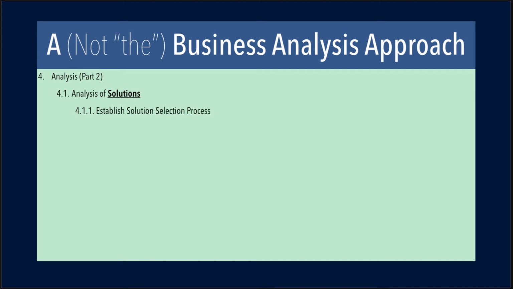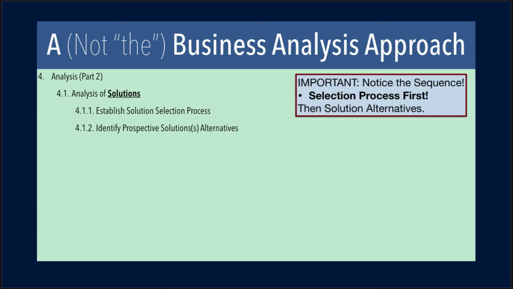Continuing on with analysis, then we want to analyze solutions. We want to establish a solution selection process first. Notice the sequence. We identify the selection process first, then we identify the solution alternatives. The reason I do this is because once people start articulating possible solutions, politics takes over.